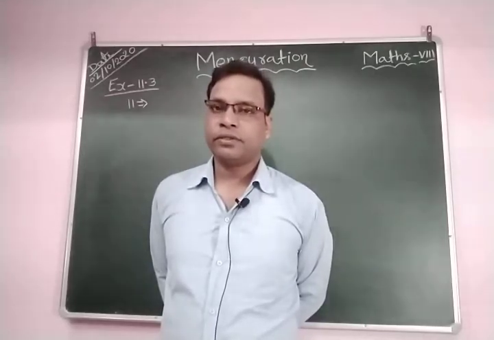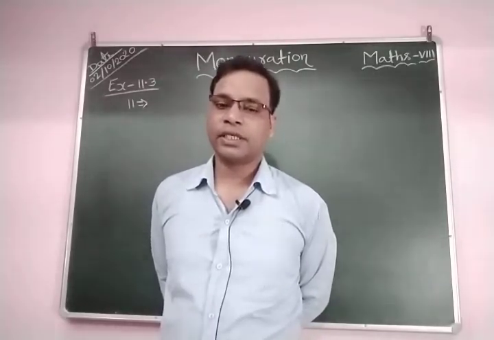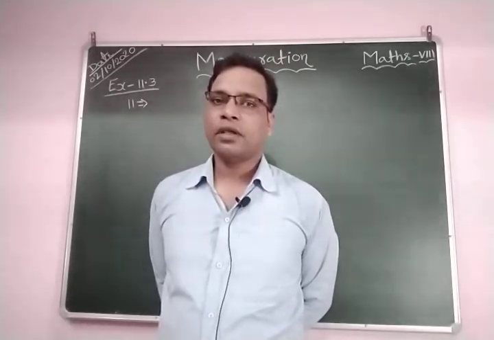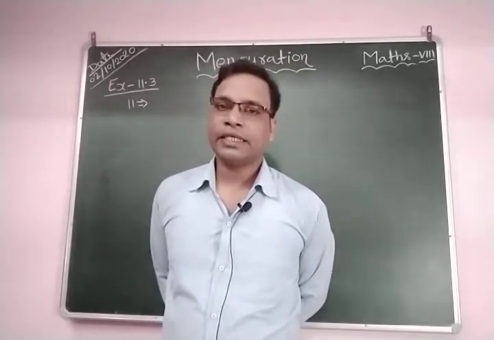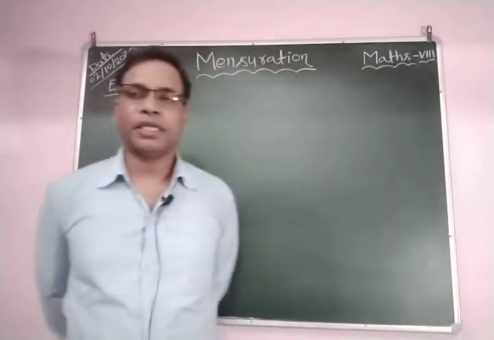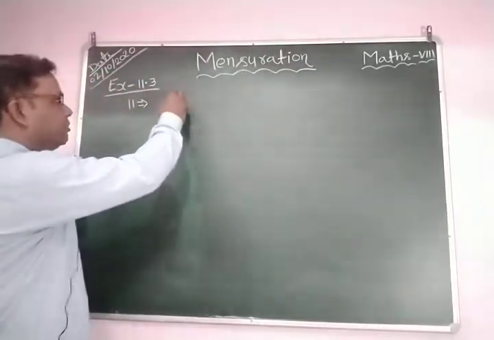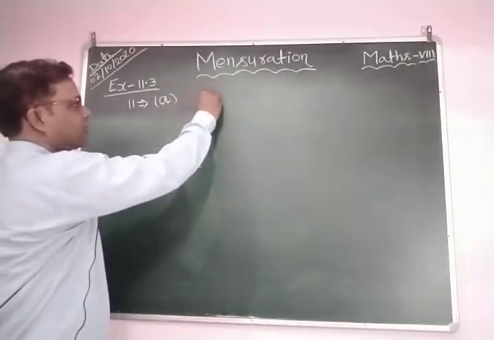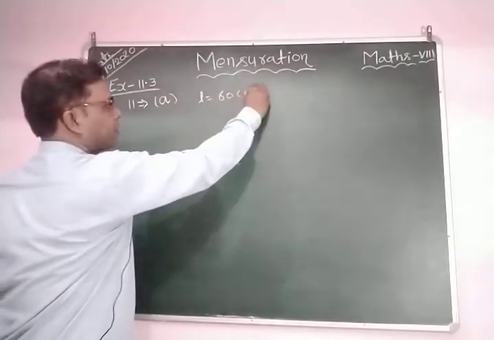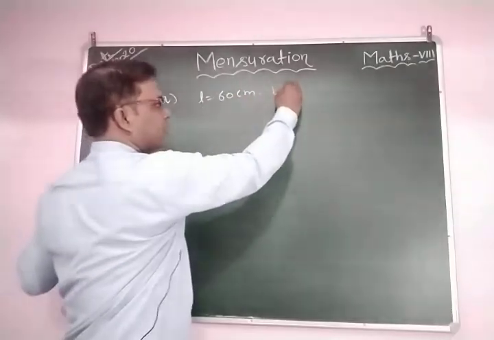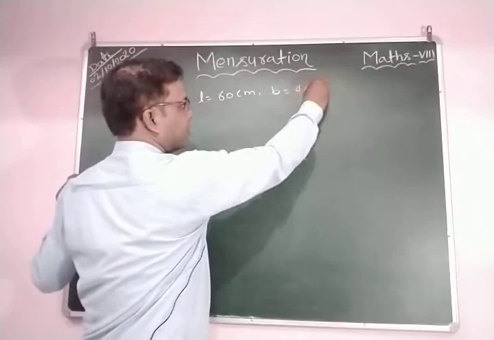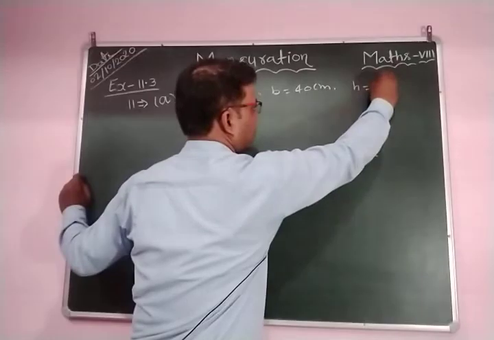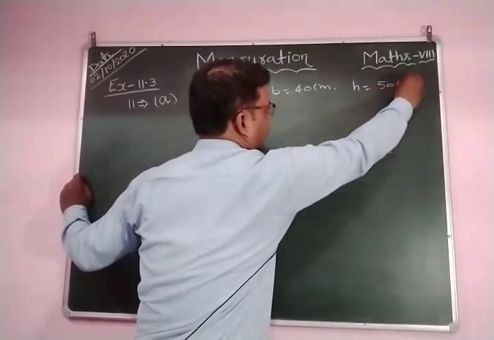Okay, so the first box is the shape of a cuboid. For box A, the length L is given as 60 centimeters, B represents breadth, which is given as 40 centimeters, and H represents the height of this box, 50 centimeters.